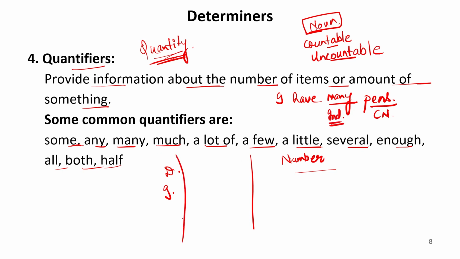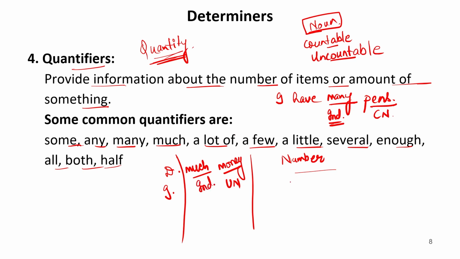Now, if I say much money, again, money is uncountable. Now again, I'm saying much. Can you tell me how much money I'm talking about? No, not at all. This much is again indefinite. This is not definite at all.